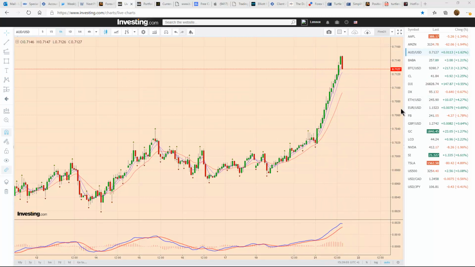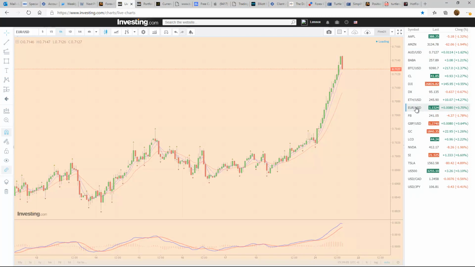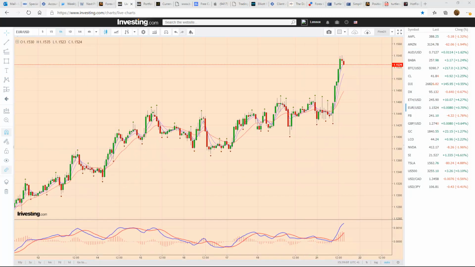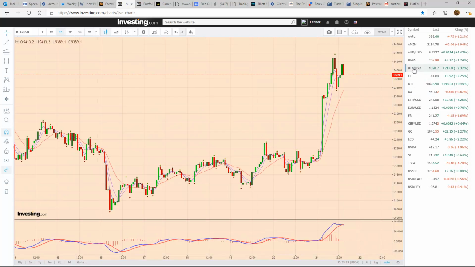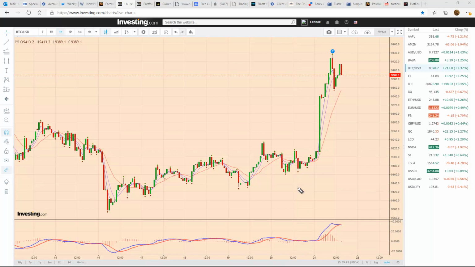That would have been a great play. The Euro US dollar, similar. 1, 2, 3 bottom. There's a series of them in here, and then boom, that's the money. And then even Bitcoin, I'm sure probably did similar. Yes, indeed. So Bitcoin, you have a 1, 2, 3 bottom, little one there, and then it's gone.